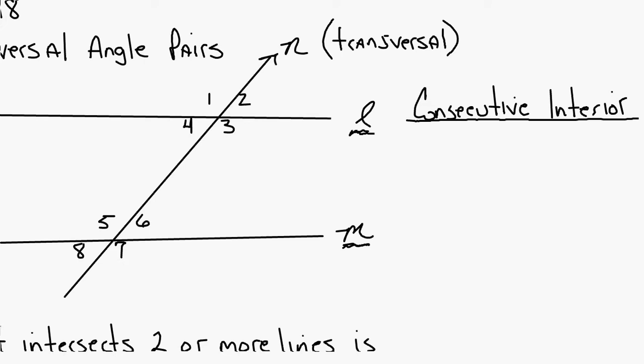So consecutive interior, you got 3 and 6. That's one pair of consecutive interior. And then your other pair of consecutive interior are 4 and 5.